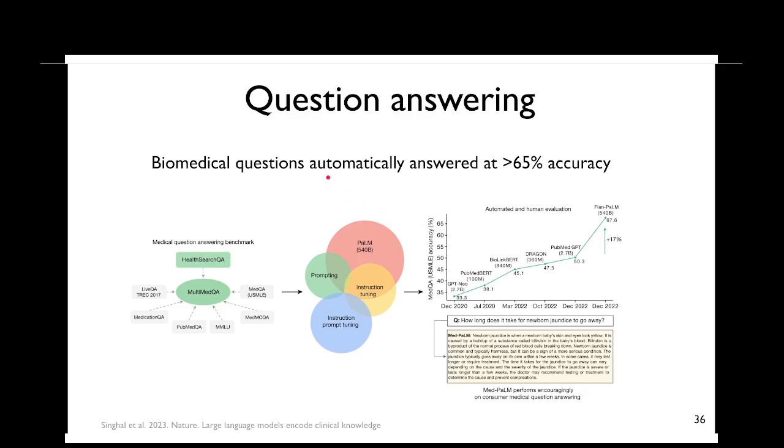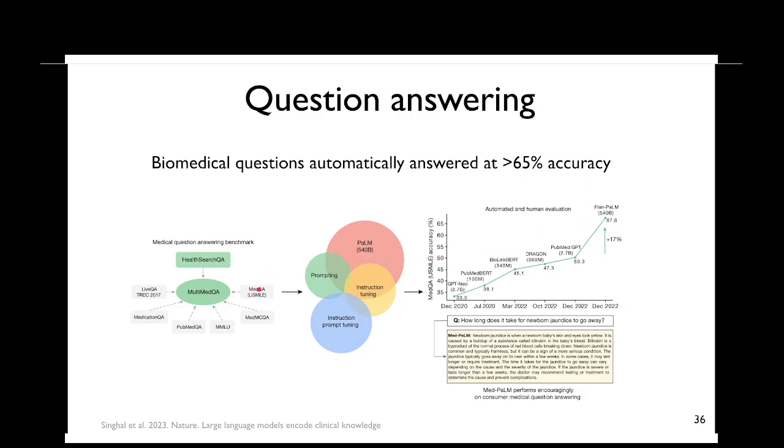If you go, for example, into the biomedical domain, then this is a paper that was published in Nature, one of the highest profile scientific journals there is, in 2023, so very recent. And this showed what is possible in biomedical question answering. You have success rates of over 65% accuracy with a system coming from Google.